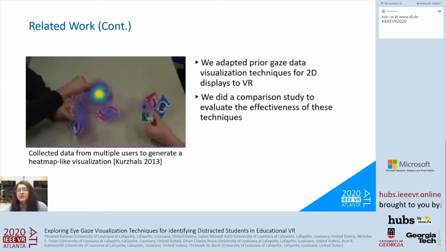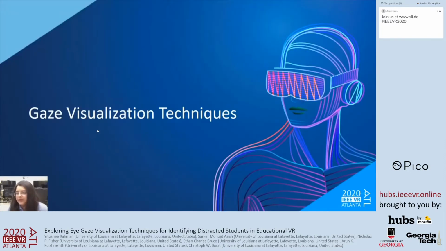Kurzal collected data from multiple users to generate heat map-like visualizations. Most prior eye tracking data visualization techniques were developed for desktop or mobile views. We adapted prior techniques to visualize eye gaze directly in VR. We did a comparison study between the techniques to evaluate their effectiveness for detecting distracted students.